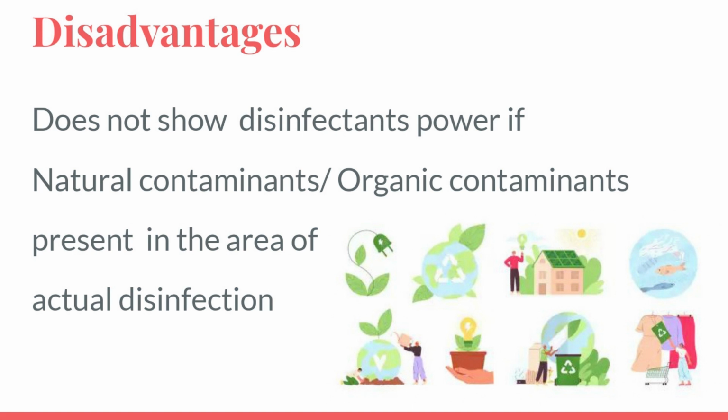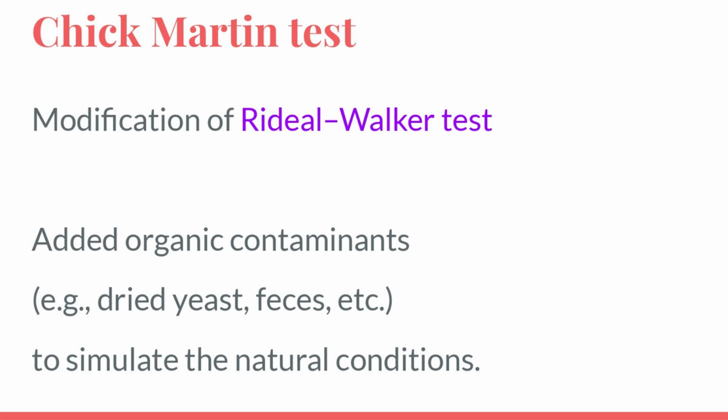If there are such contaminants in the area of disinfection, the Rideal-Walker value is not a reliable one. To overcome this, we have developed another test, namely the Chick-Martin test.